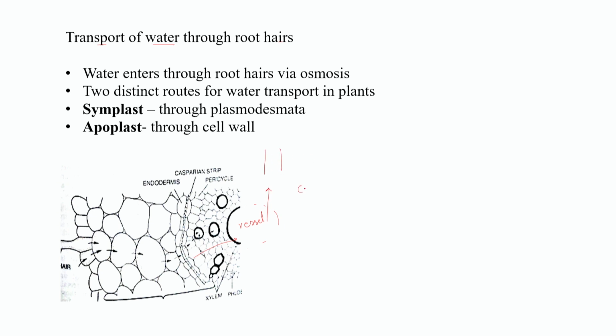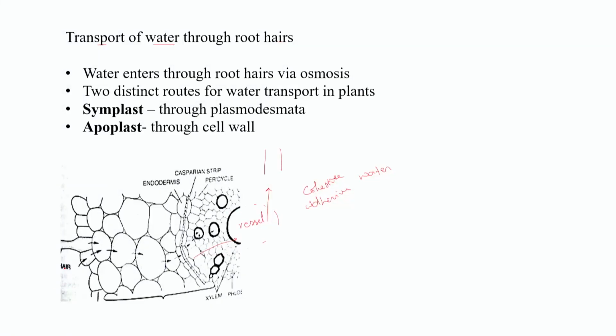Because of the cohesive and adhesive properties of water, this overall flow takes place, and transpiration helps in pulling the water from the root to the stem. A negative potential is created, and because of that water moves upward.